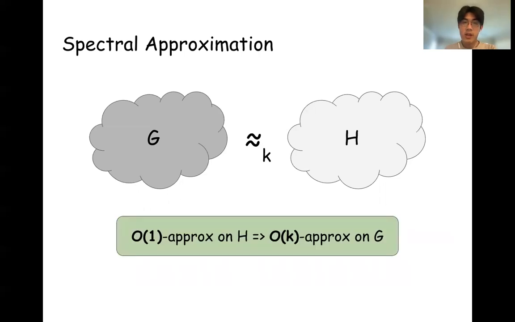An observation we have is that by solving for a solution on H with constant approximation, this solution is naturally an O of K approximation on the original graph G.